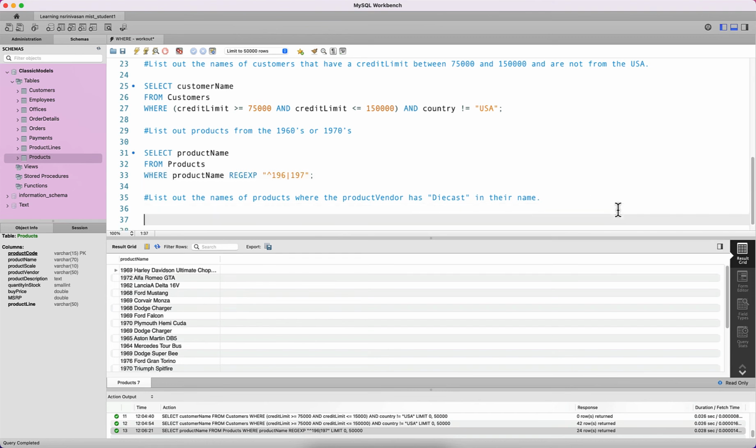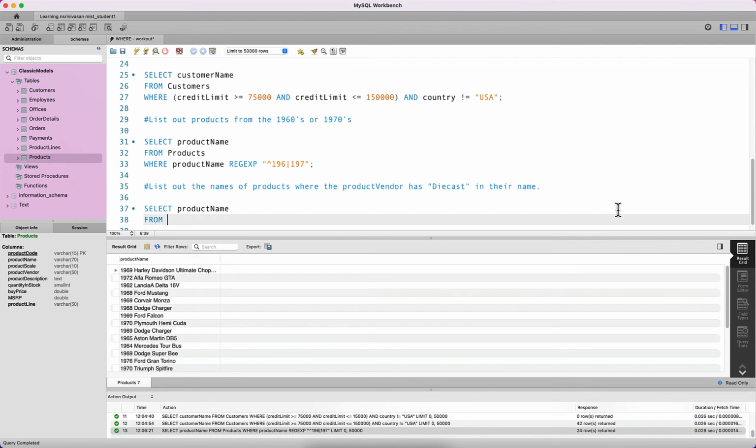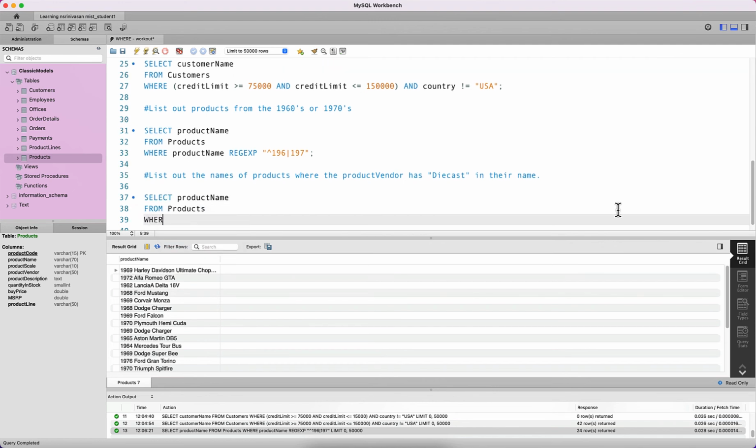The last one asks us to list out names of products where the product vendor has die cast in their name. So select product name from products where the product vendor has die cast in their name. It is not their name, but is in their name.